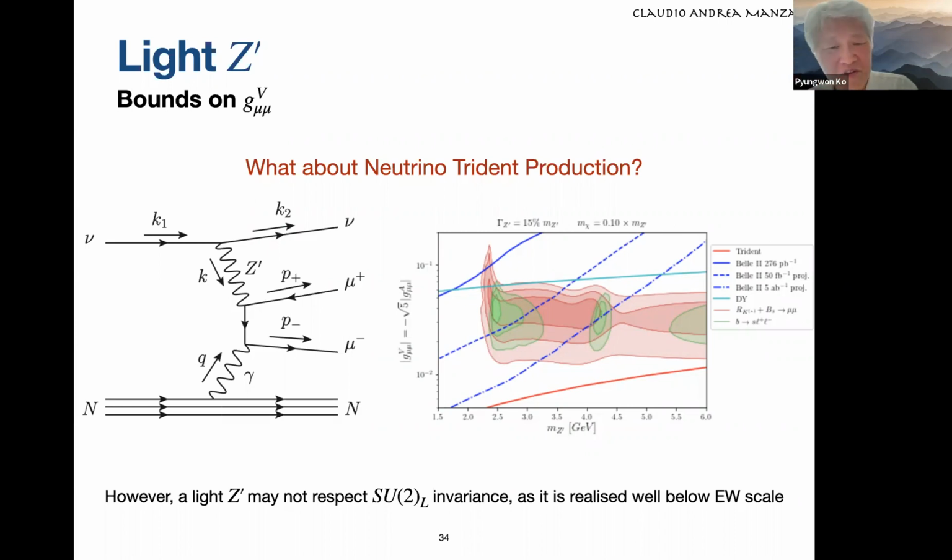You discussed in detail the case with the light dark matter and the heavy dark matter for the light Z prime case. To simplify the situation, what happens if we simply ignore light dark matter, so Z prime has no branching ratio into a pair of dark matter?